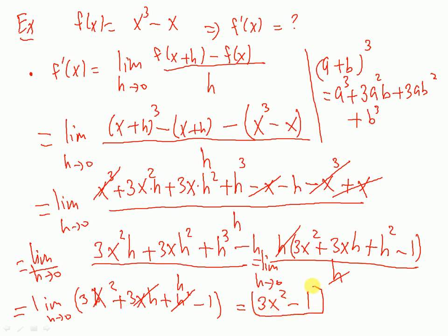So that is our answer to this problem, and this is the f prime of x. Okay, so follow this formula, plug in everything in this format, simplify the algebra, and you should get the answer.